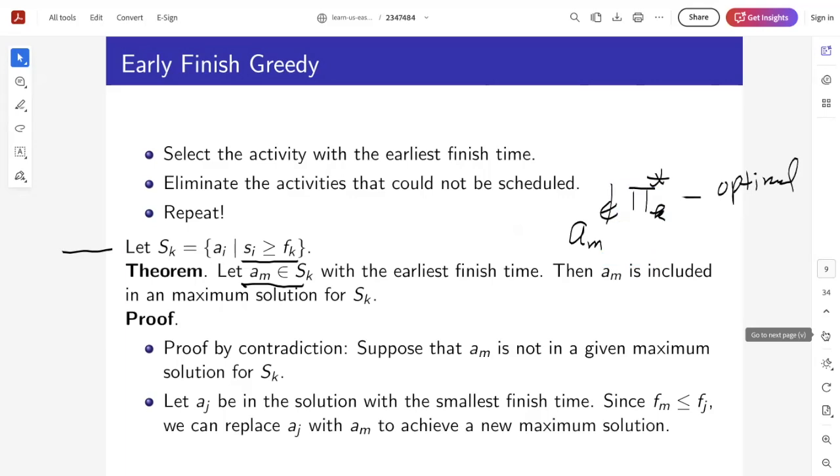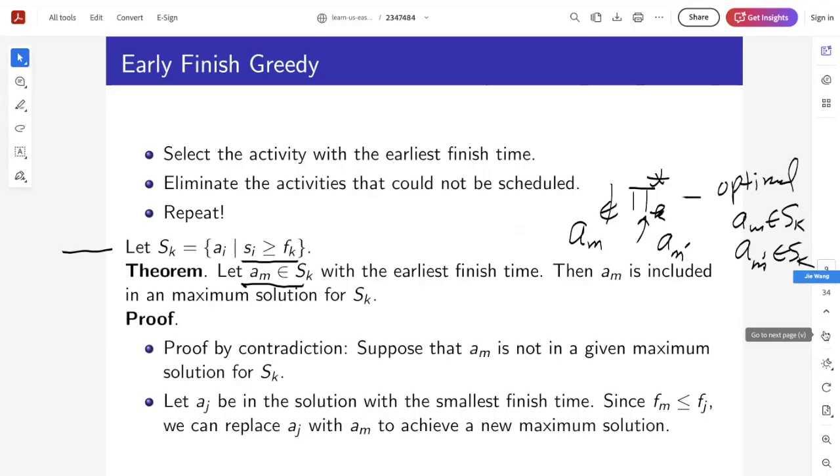Then for this optimal solution, there must be, let's call it AM prime, that has the earliest finish time in this solution. Because they all come from the same set, AM is in SK, AM prime is also in SK.